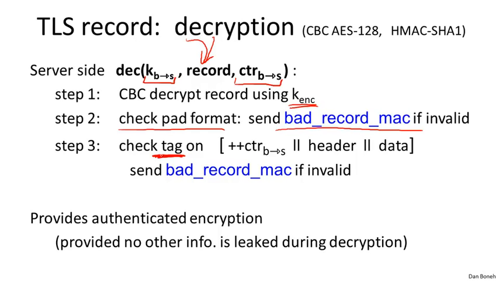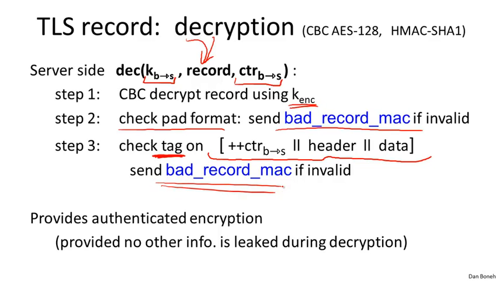Then it verifies the tag on the header, the data, and its value of the counter. If the MAC doesn't verify, it sends an alert, bad record MAC, and tears down the connection. And if the MAC does verify, it removes the tag, removes the header, and the remaining part of the record is the plaintext data that's given to the application.